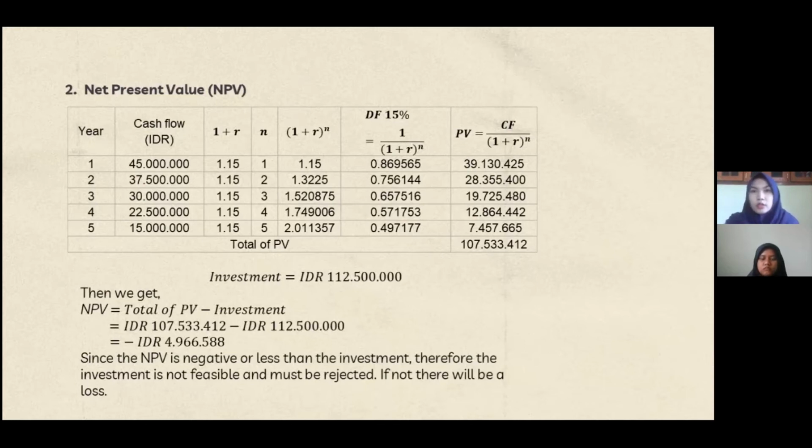This is the total of PV: 107,533,412 rupiah.